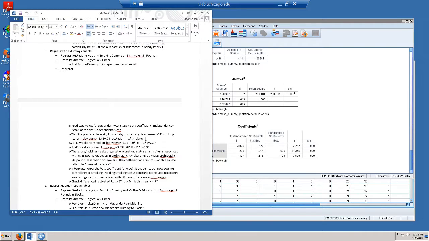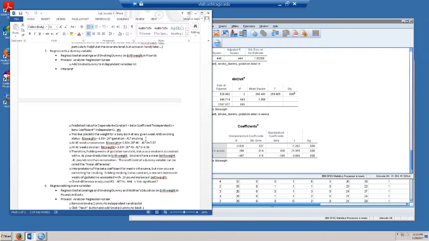When we added the new variable, it's because smoking is associated with gestation in weeks. Some of the variation that was initially accounted for in calculating the relationship between weeks and weight gets taken up by the smoking. So there is some independent contribution, and you can see that we are adding a little bit to our R squared.